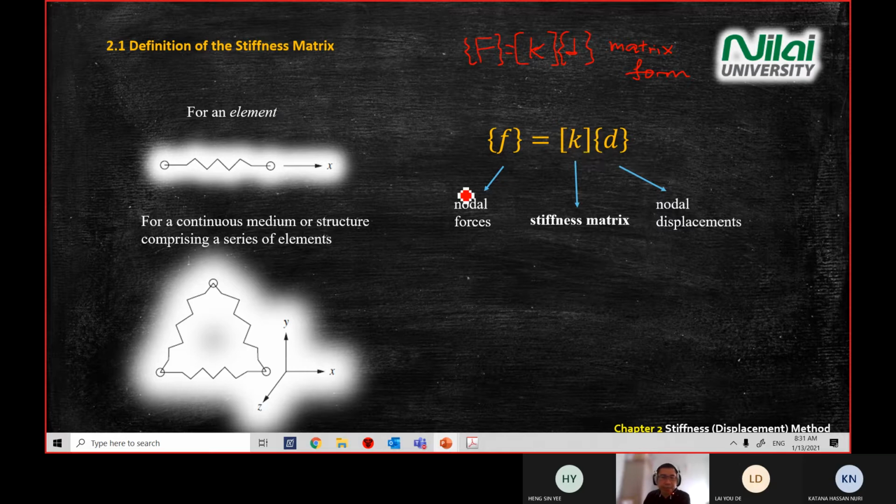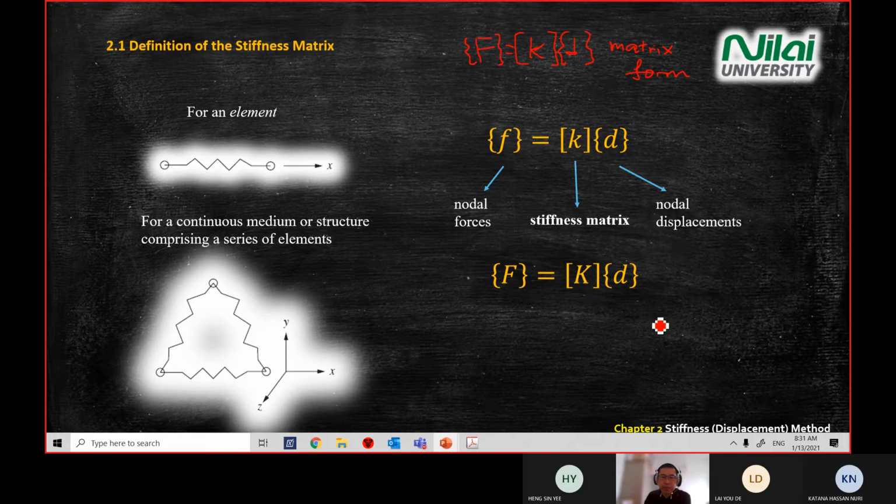Now, another diagram that you see on the screen here is a combination or assembly of lots of elements. The diagram you see on your screen now has three elements in the system. When you want to analyze a combined system, we will use a capital F and capital K in your analysis.